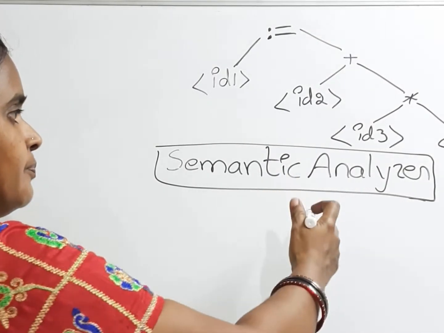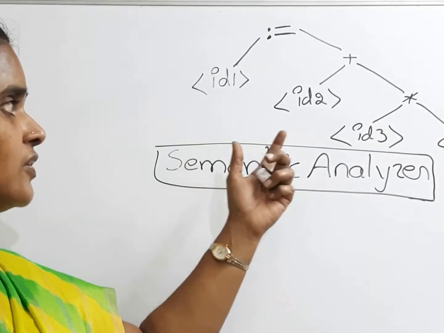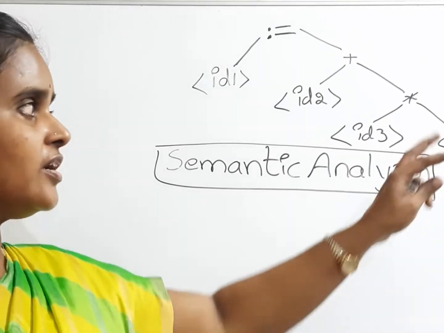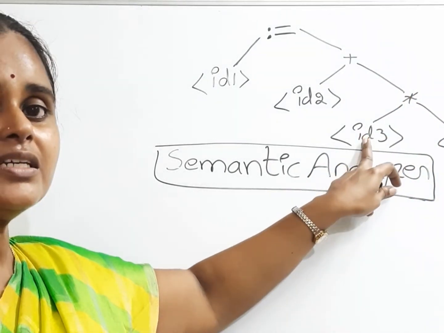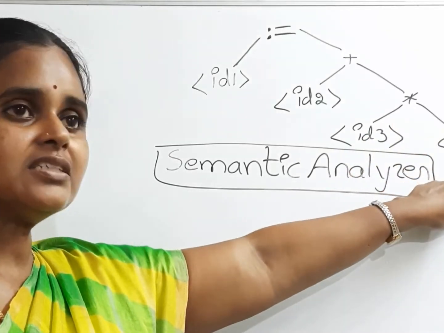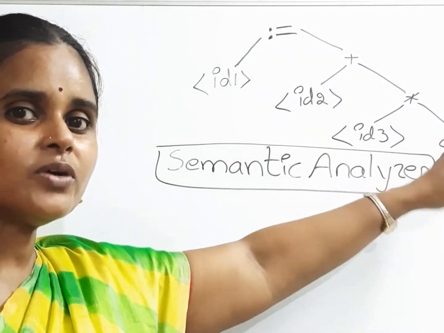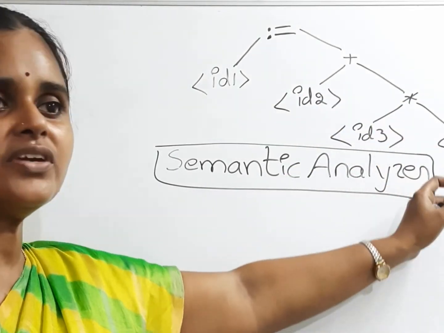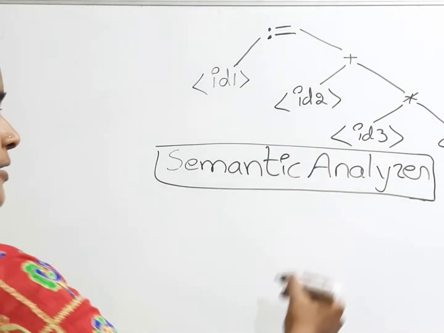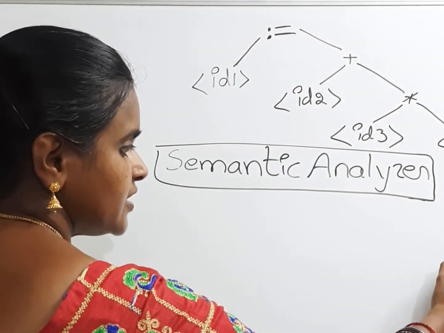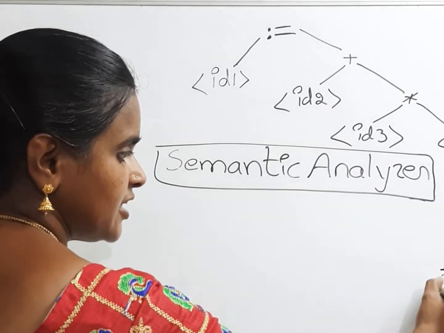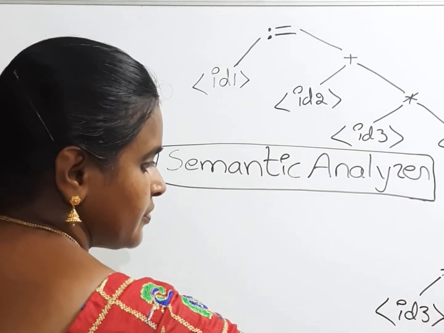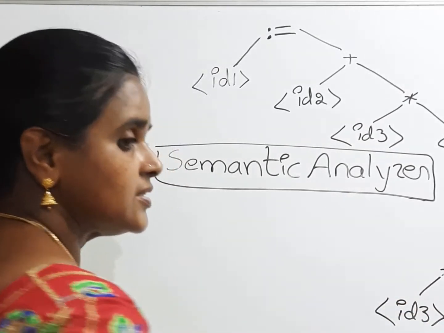Okay, right. See here, all these are floating point operations. Rate is all the time floating point, and rate is nothing but ID3. ID3 is floating point, whereas 60 is an integer, right? So it converts integer into float, and performs such a modification in that parse tree. So what is the first operation? The first operation is multiplication, performed on ID3 and 60, where 60 is the constant.